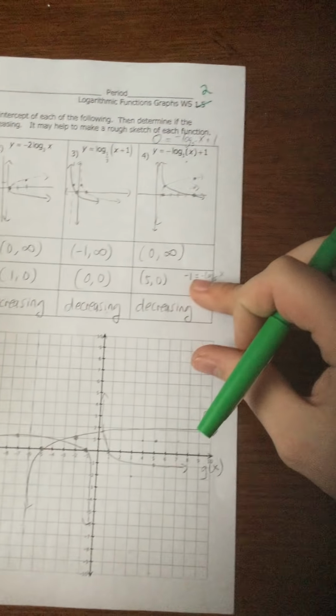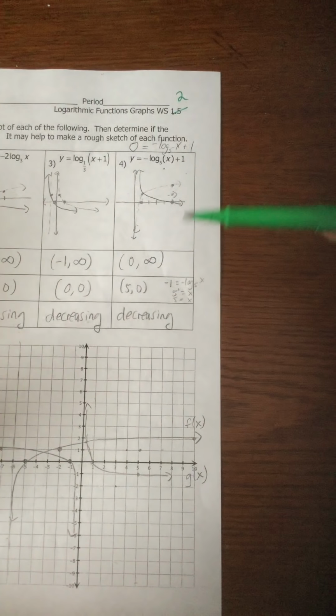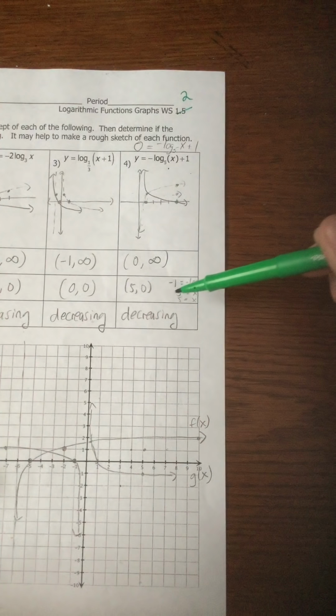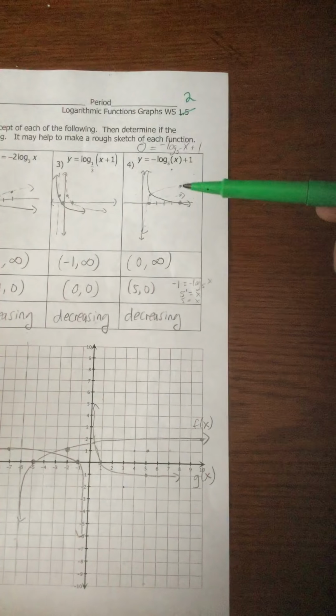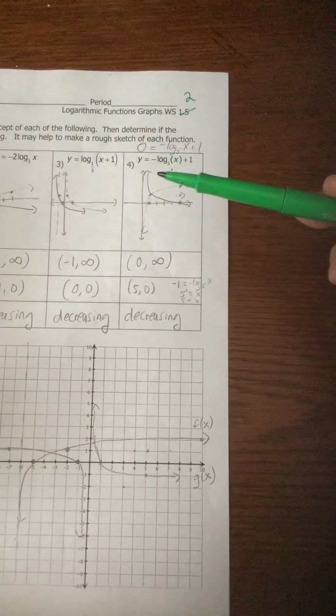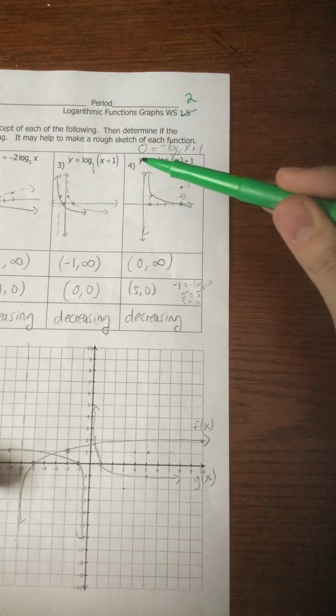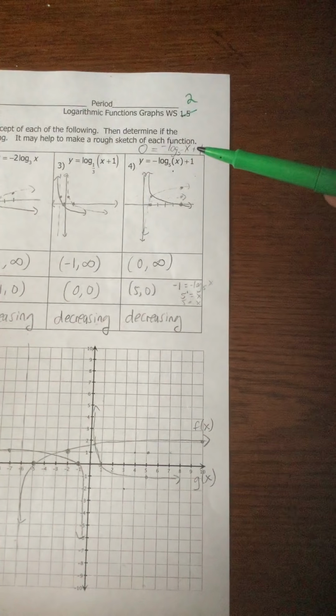Slightly spicier still is right next door. You got something like this, everything's the same. The only thing I'm going to mention that's hard about this one is the x-intercept. It's 5, 0. Now how you're able to do that is, well, what does the x-intercept mean? That's when the y coordinate is 0. So you're going to plug 0 in for y, which is what's happening up here. And we're going to solve for x.